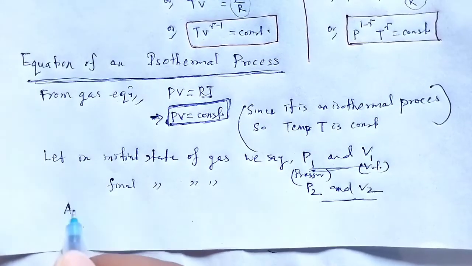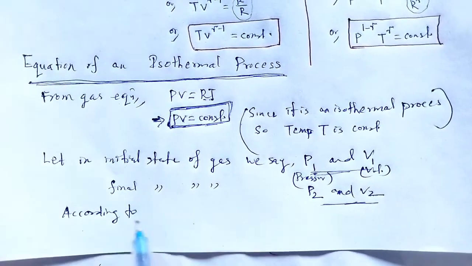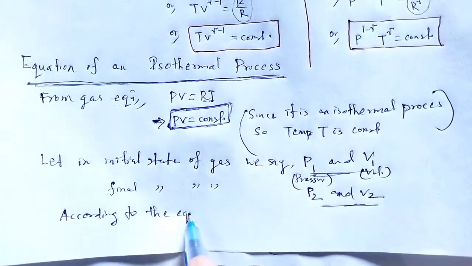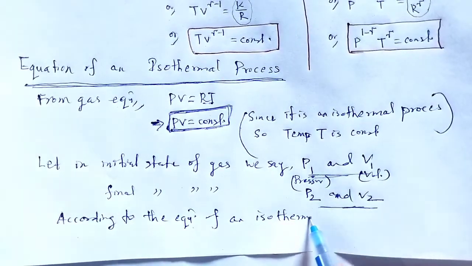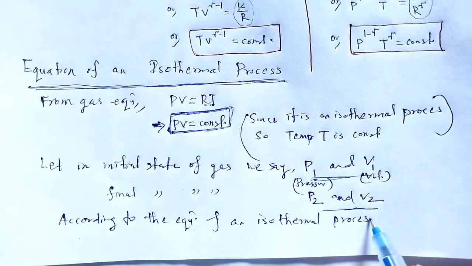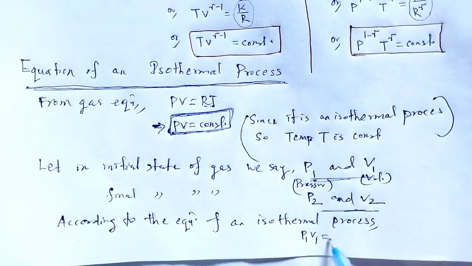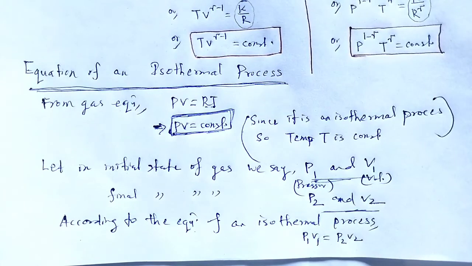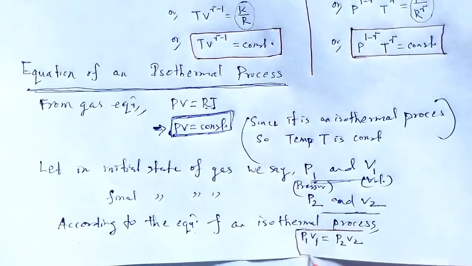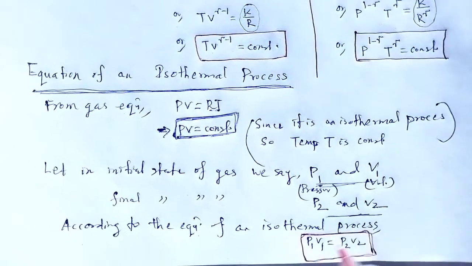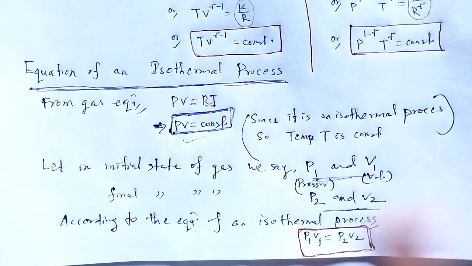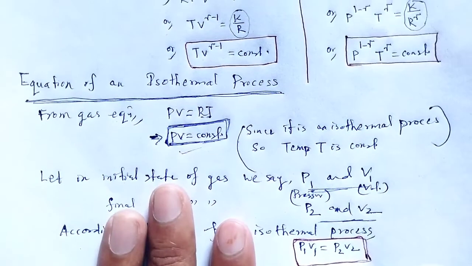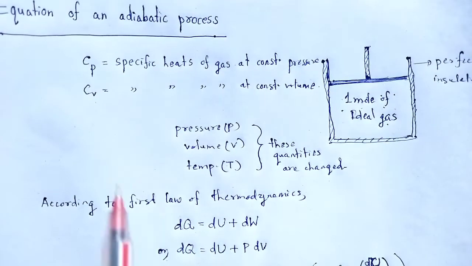According to the equation of an isothermal process, P1 V1 is the same as P2 V2, meaning the product of pressure and volume results in a constant. With the help of this visual lecture, we understand the equation of an adiabatic process.